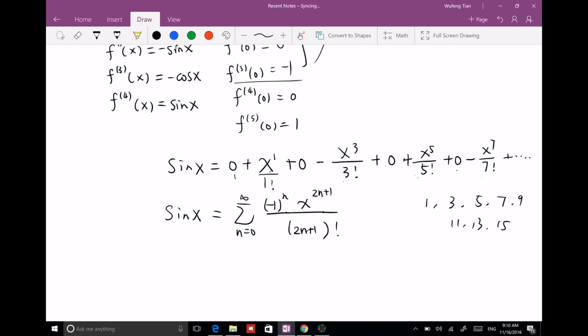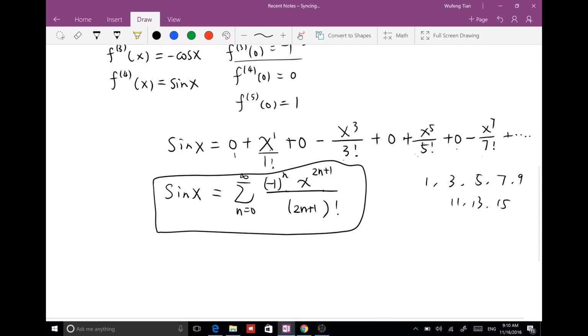Then we can look at this, the Maclaurin series. We're done with it, but sometimes it might ask you for the convergence radius.